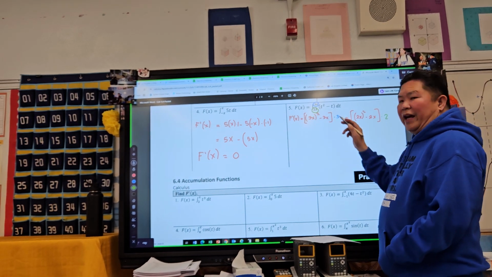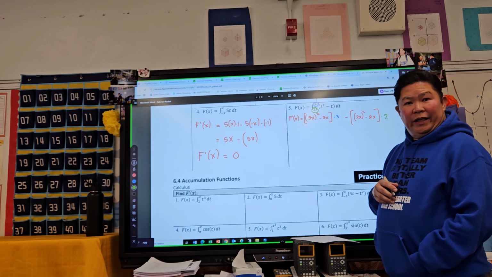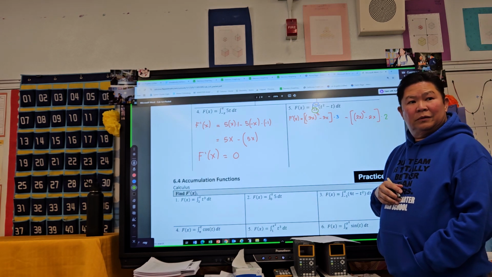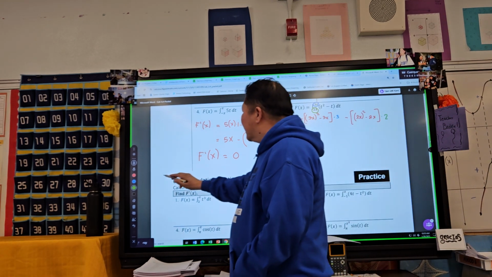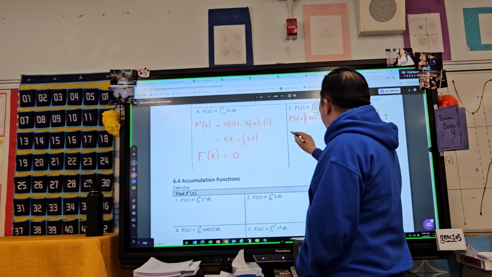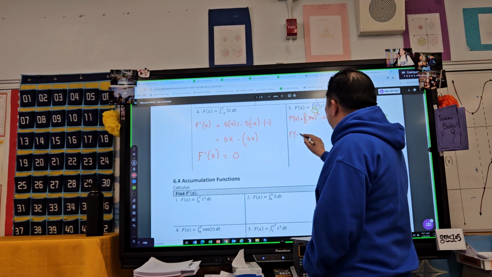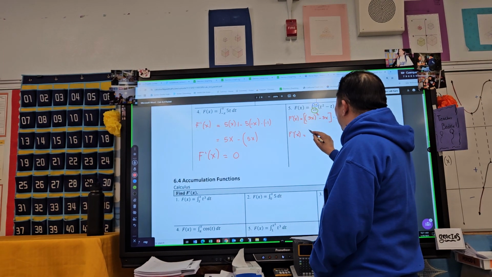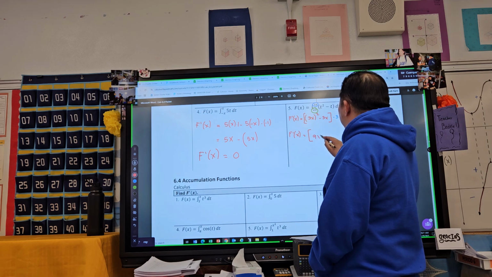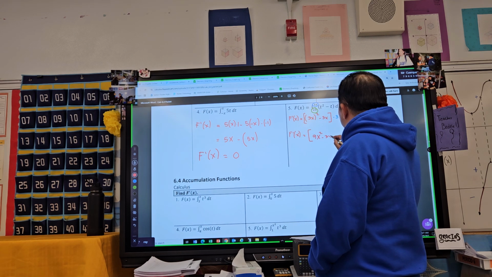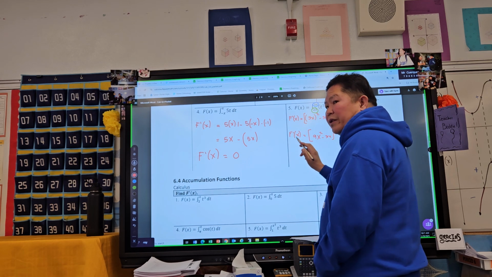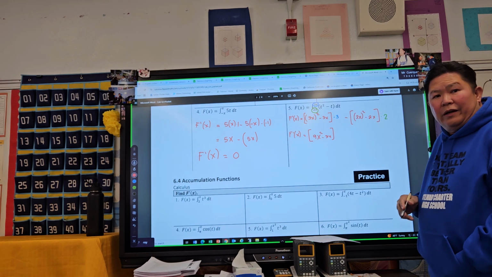So what is 3x squared? 9x squared. So simplifying this further, using algebra knowledge, f prime of x is equal to 9x squared minus 3x, and then times 3 because we still have 3 right here.